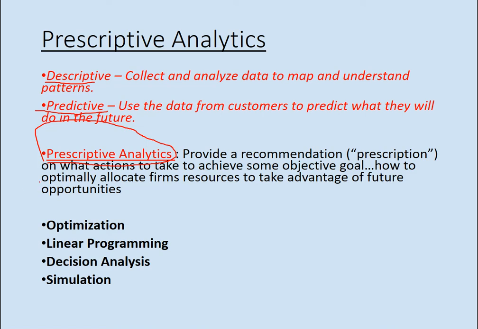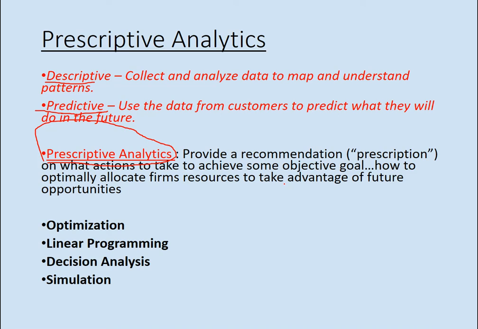A very important thing to understand, which comes from organizational theory, is that every firm has limited resources. Whether it's a $1 billion firm or a small $100,000 company, it doesn't matter.